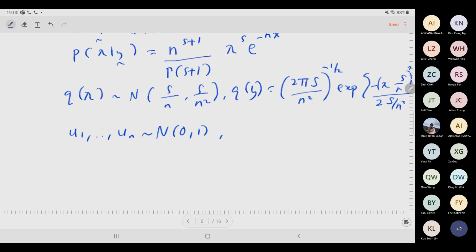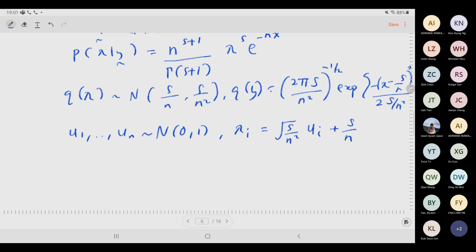So if you get normal 0, 1, not uniform 0, 1, you can actually get lambda from your normal 0, 1, and then you can get a normal with the mean and variance, which is not 0, 1.